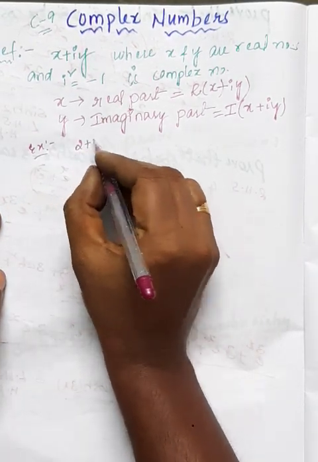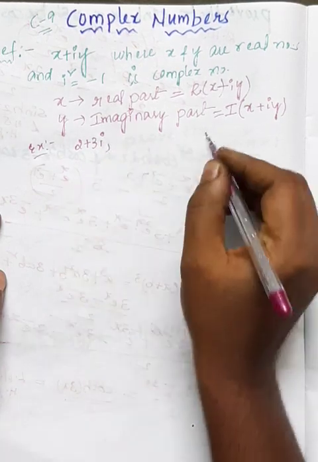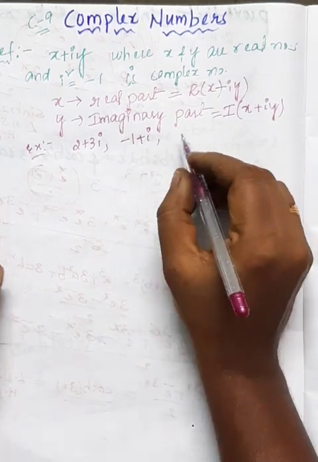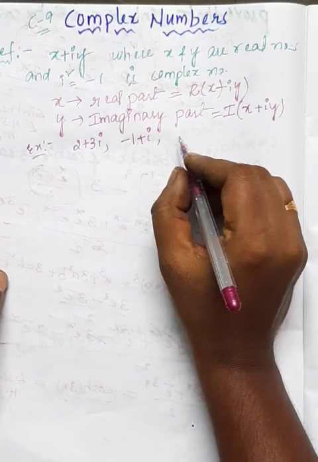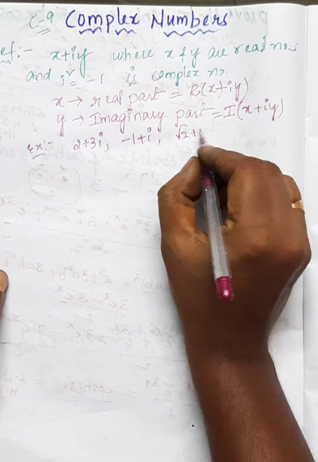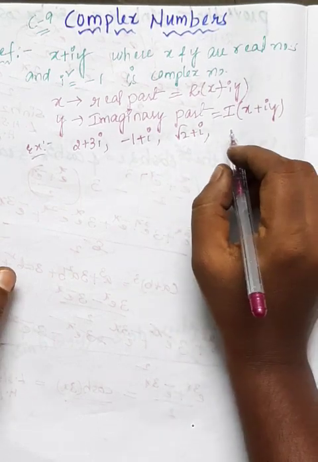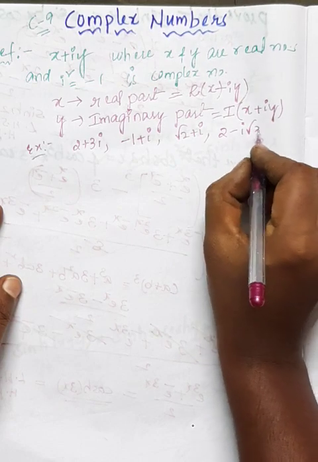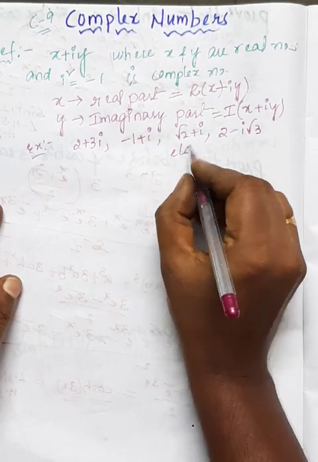2 plus 3i is a complex number. Minus 1 plus i is a complex number. Root 2 plus i is a complex number. 2 minus i root 3 is also a complex number, and so on.